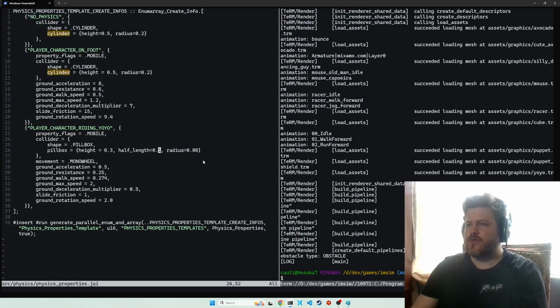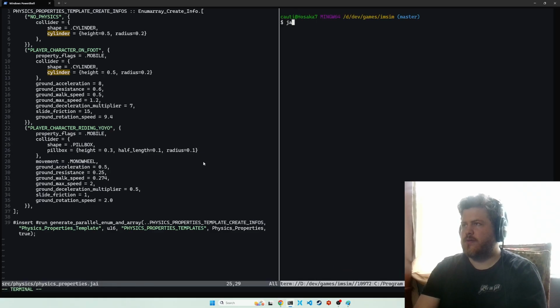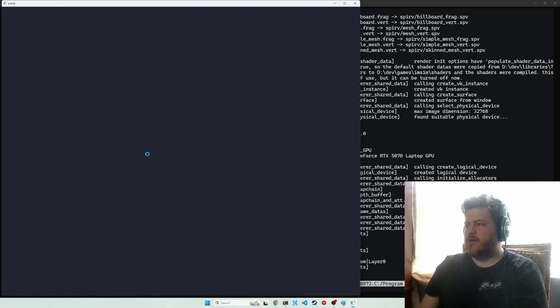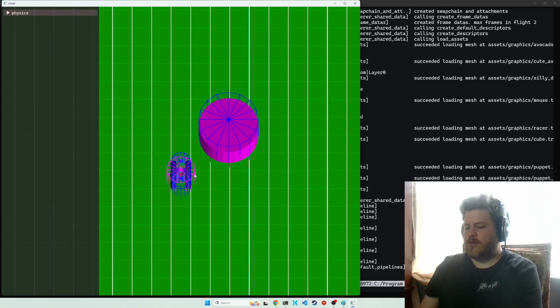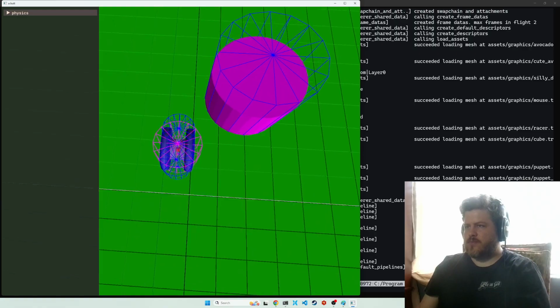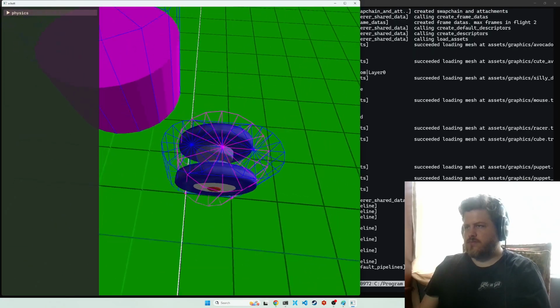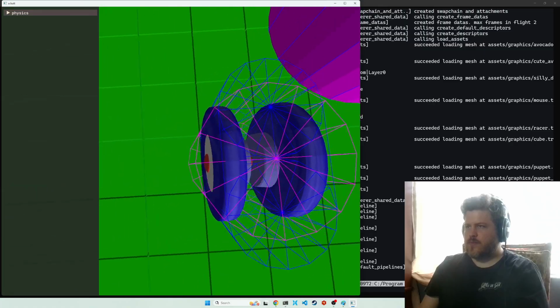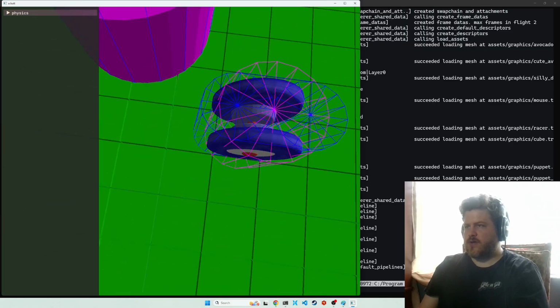Okay, we're going to be pretty close to each other then. Could have a smaller half length. But the radius is correct.